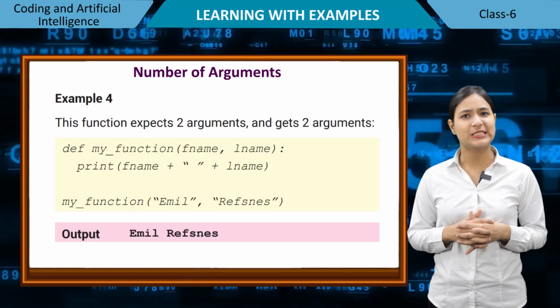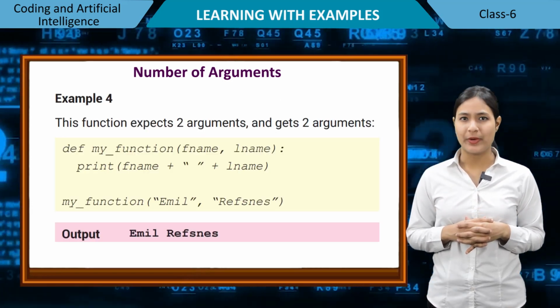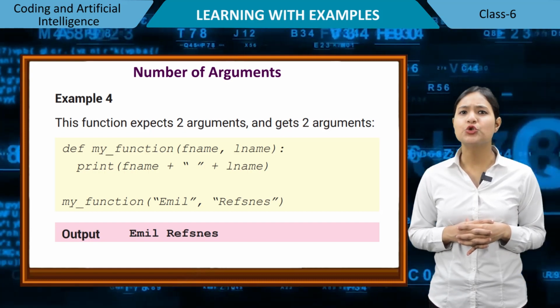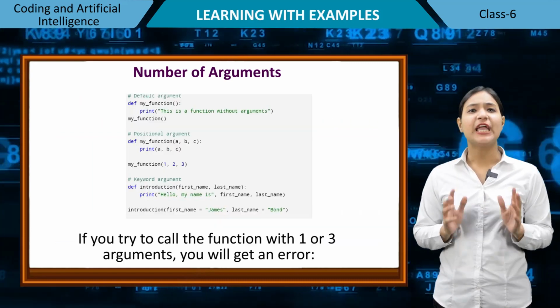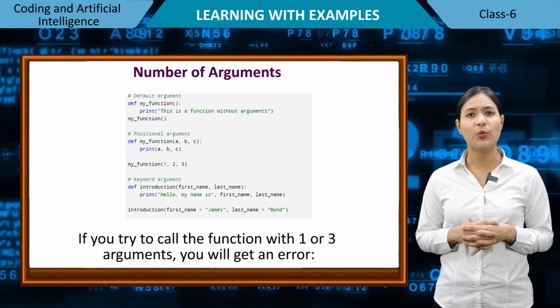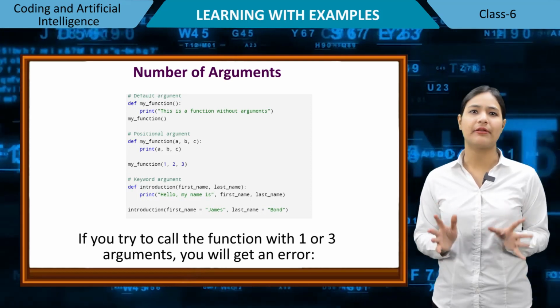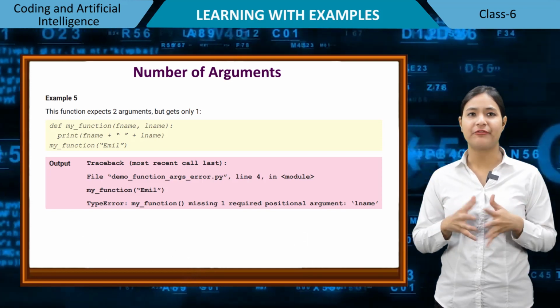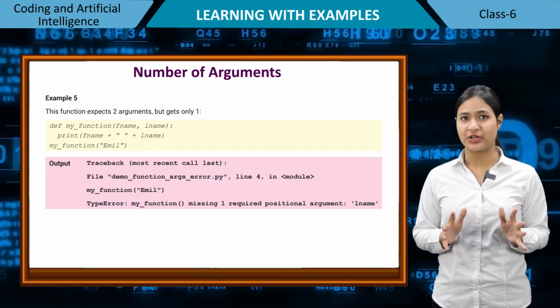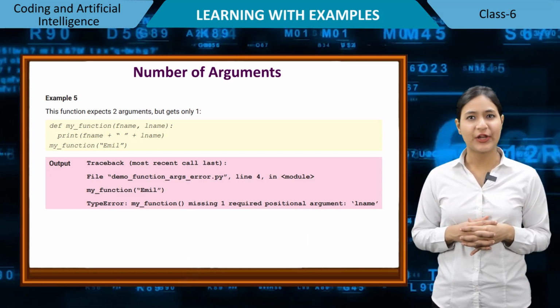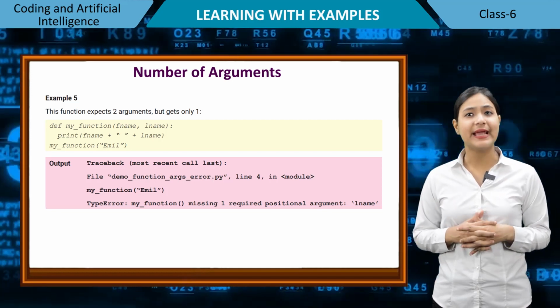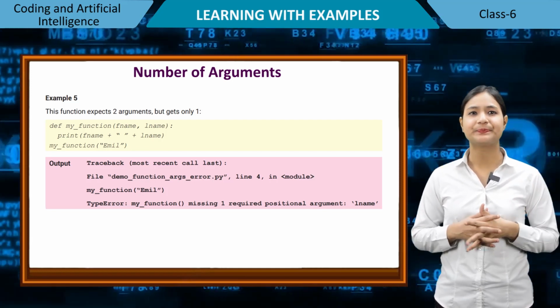This function expects 2 arguments and gets 2 arguments. If you try to call the function with 1 or 3 arguments, you will get an error. Example 5. This function expects 2 arguments but gets only 1.